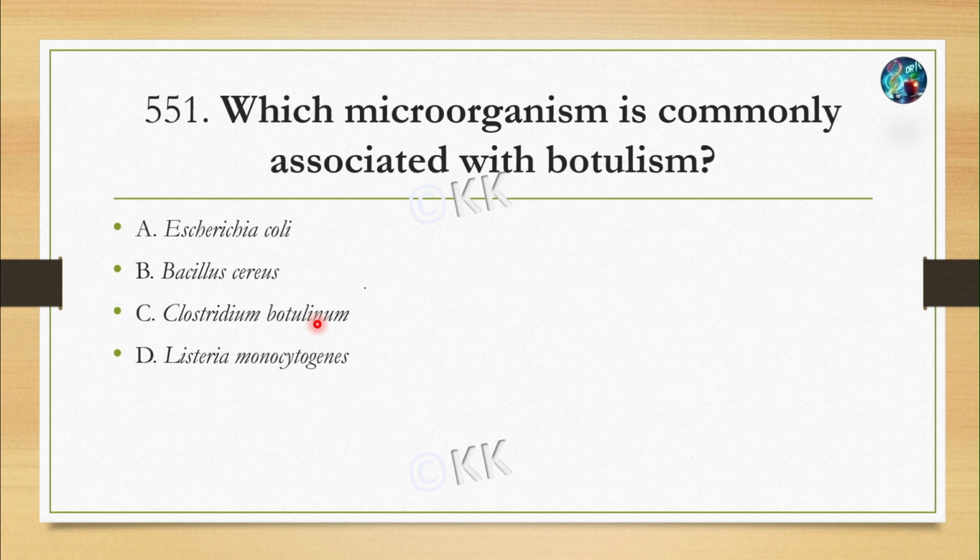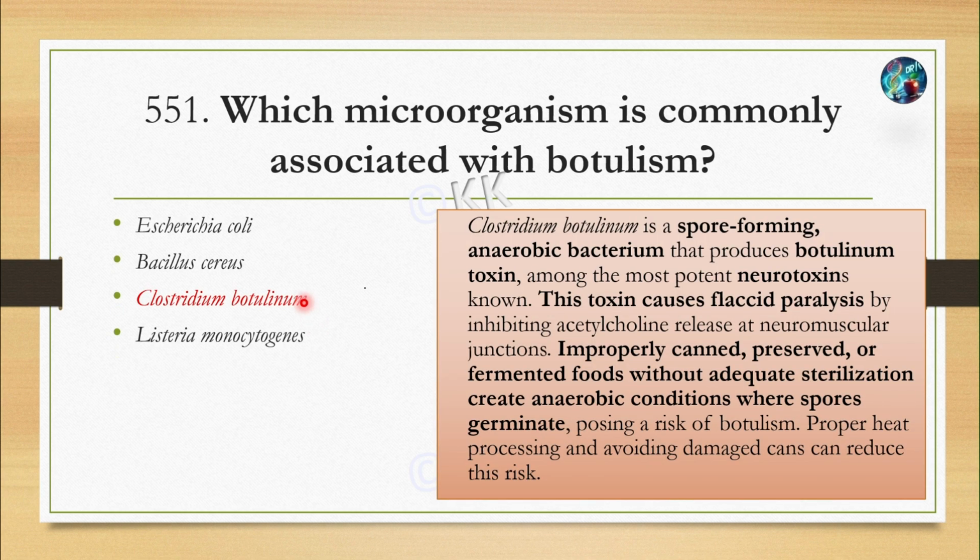The correct option is option C, Clostridium botulinum. Clostridium botulinum is a spore forming anaerobic bacterium that produces botulinum toxin. Botulinum toxin is a neurotoxin. This causes flaccid paralysis by inhibiting acetylcholine release at neuromuscular junctions.